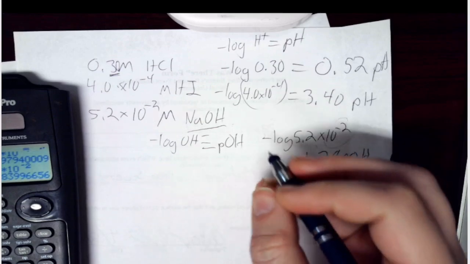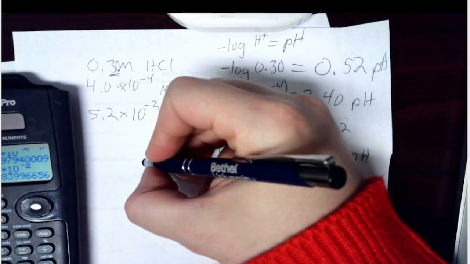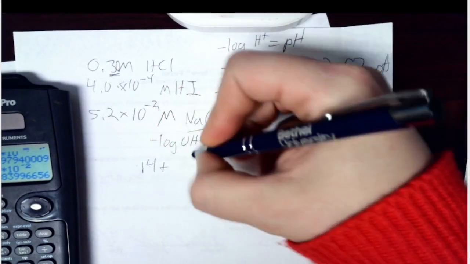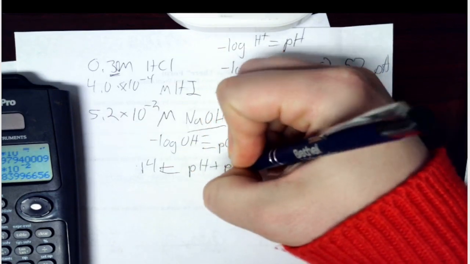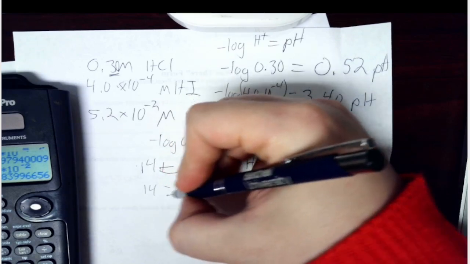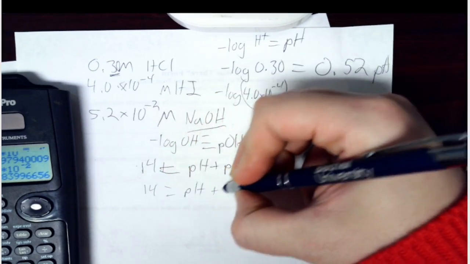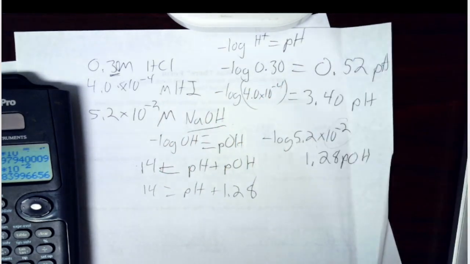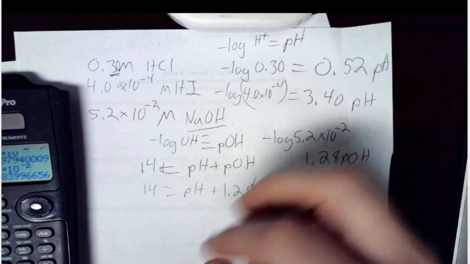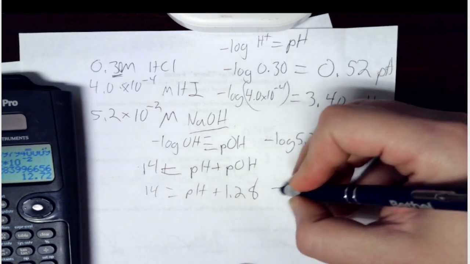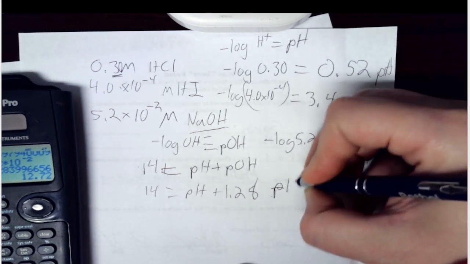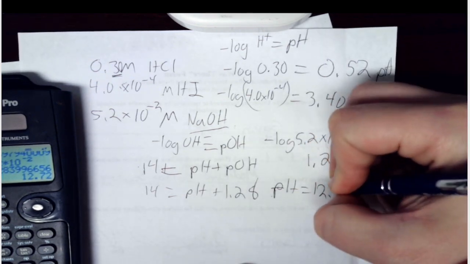However, I want pH. Well, 14 equals pH plus pOH. So 14 equals pH plus 1.28. Solving for pH, 14 minus 1.28, so pH is 12.72.